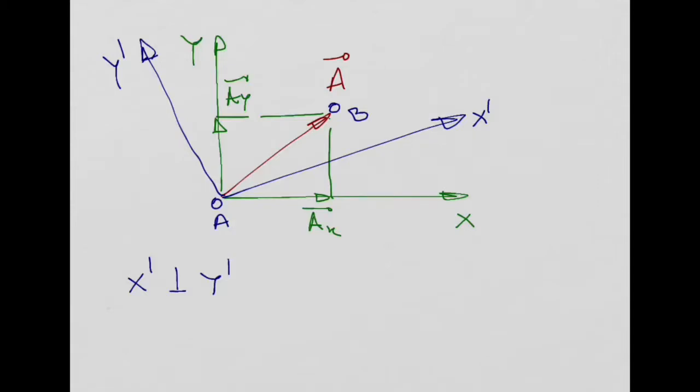But something is changing here. What is going to change? Yeah, the components. Very good. What is going to change is the components of this vector, because if I want to describe this vector A in this new coordinate system, x prime, y prime, I have to draw parallel lines to these coordinate axes, right?